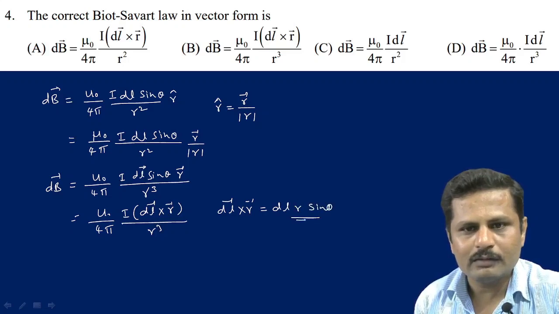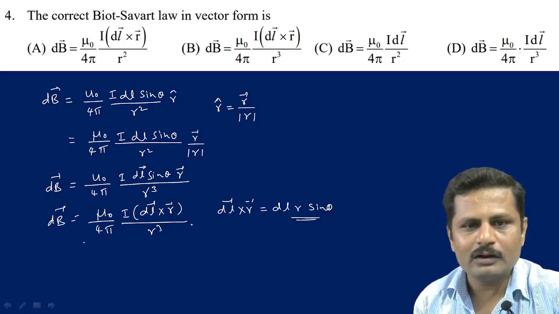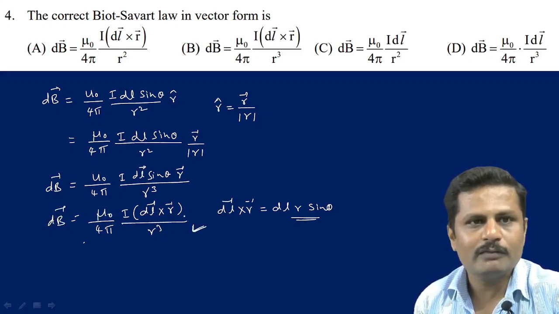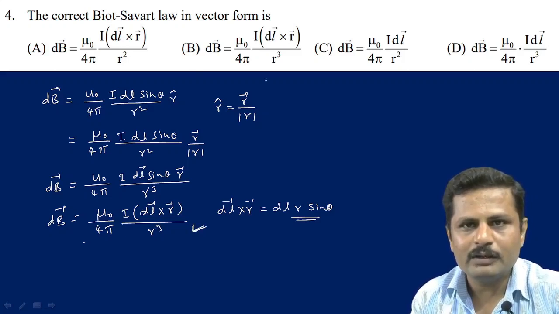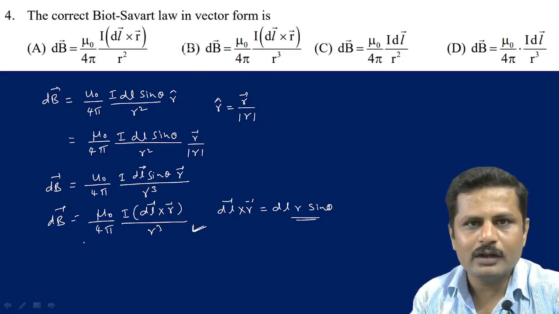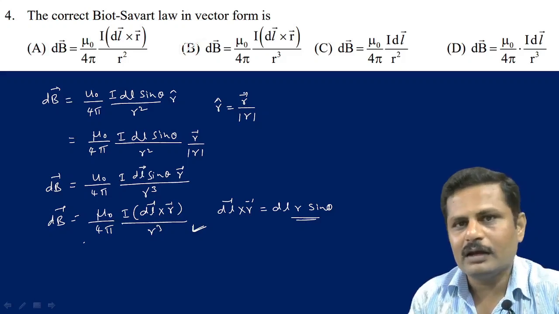This is the correct form of Biot-Savart's law. So in the given options, option B is the correct answer.